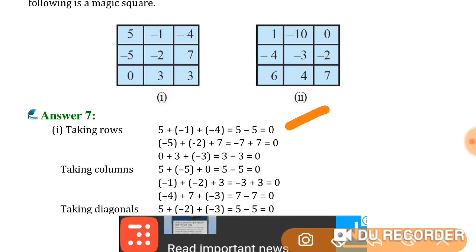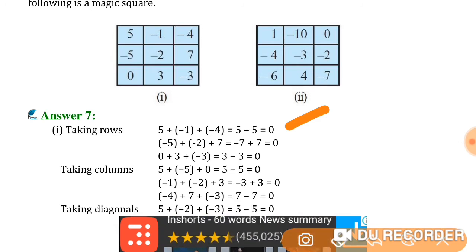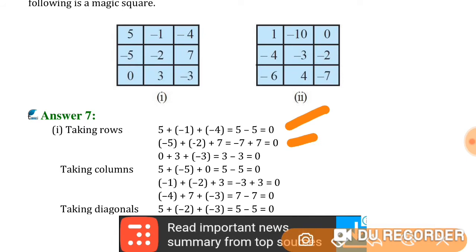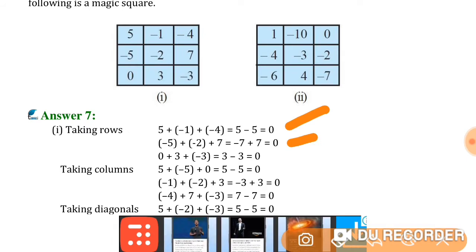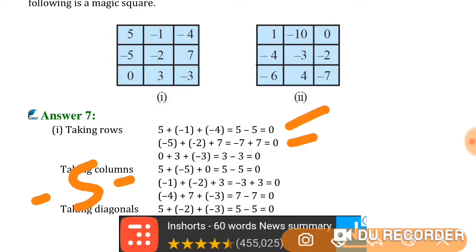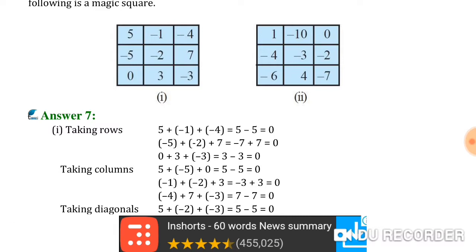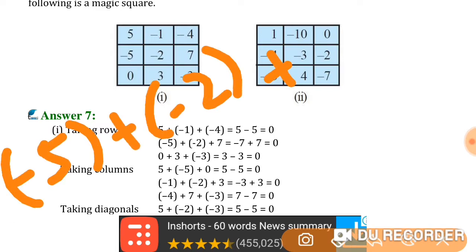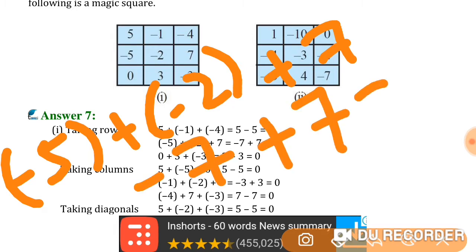Let us check once again. Minus 2 minus 5 plus 7. Minus 5 plus of minus 2 plus 7. What is the answer? Minus 5 minus 2 is minus 7, plus of 7 becomes 0.